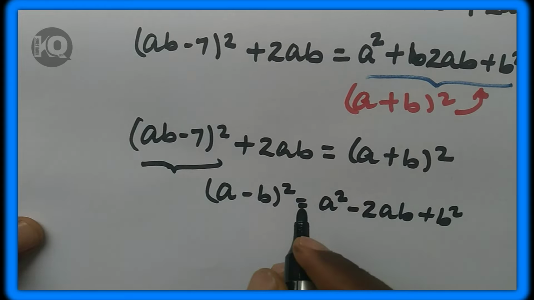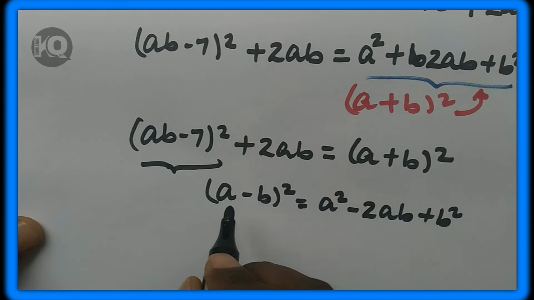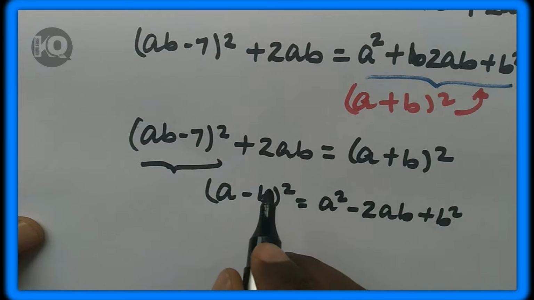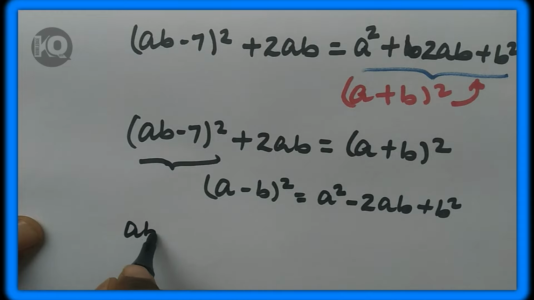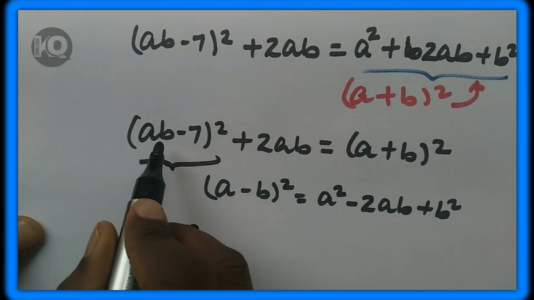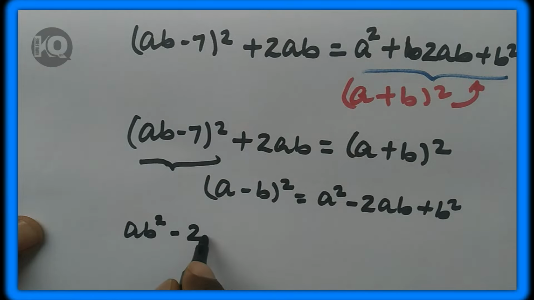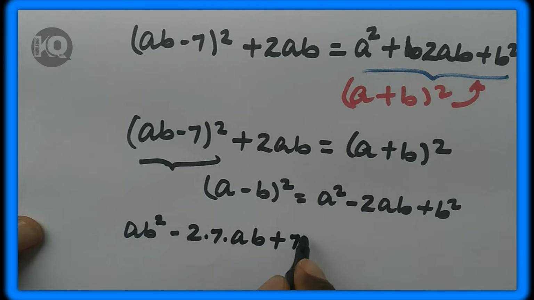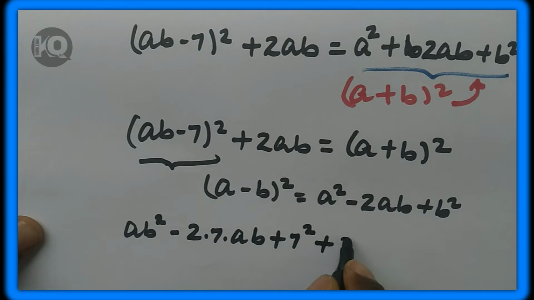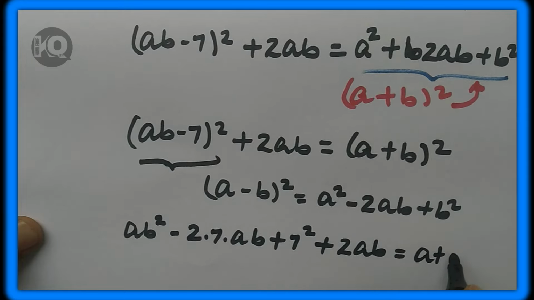So where x is ab and y is 7, this expression will be (ab)² − 2 times ab times 7 + 7², plus 2ab, which is equal to (a + b)².